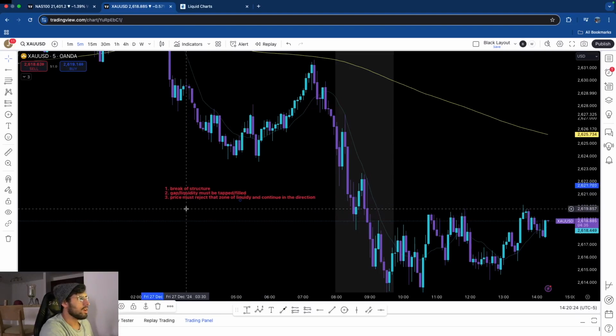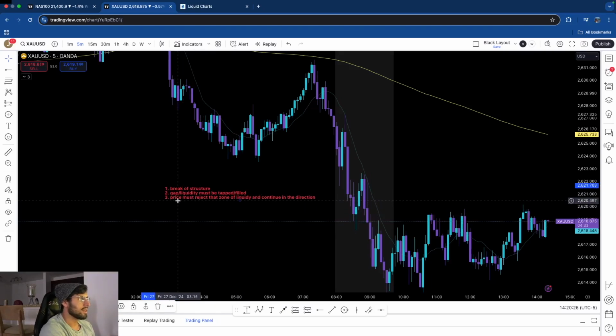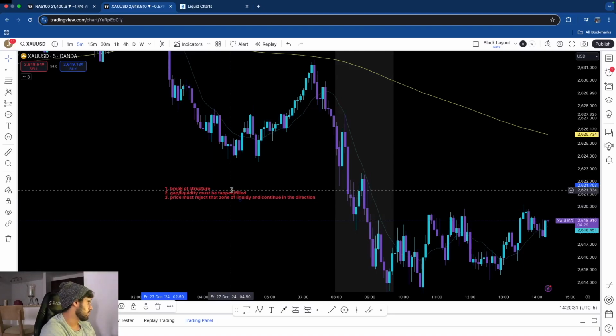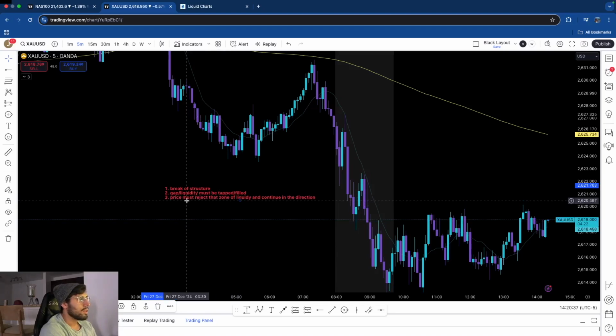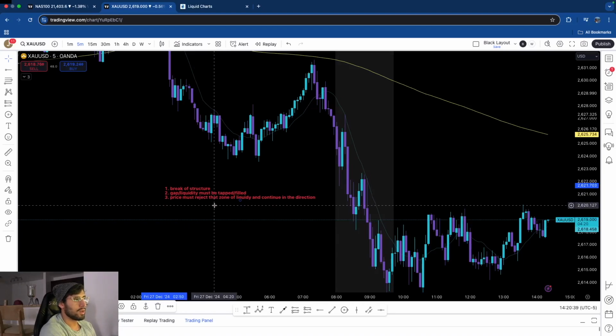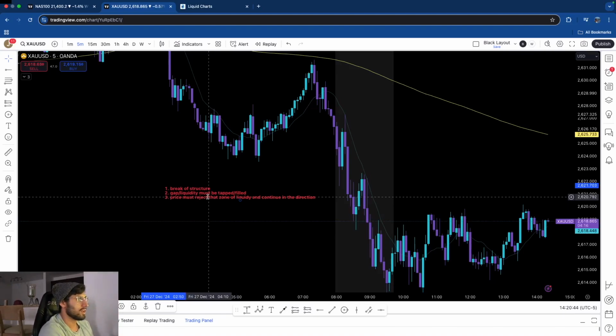Okay, so break of structure. Secondly, gap liquidity must be tapped and filled after that break of structure. Then after it taps and fills that area of liquidity, price must reject that zone of liquidity and continue in the direction that we're anticipating price to go. So I took a short sell today.